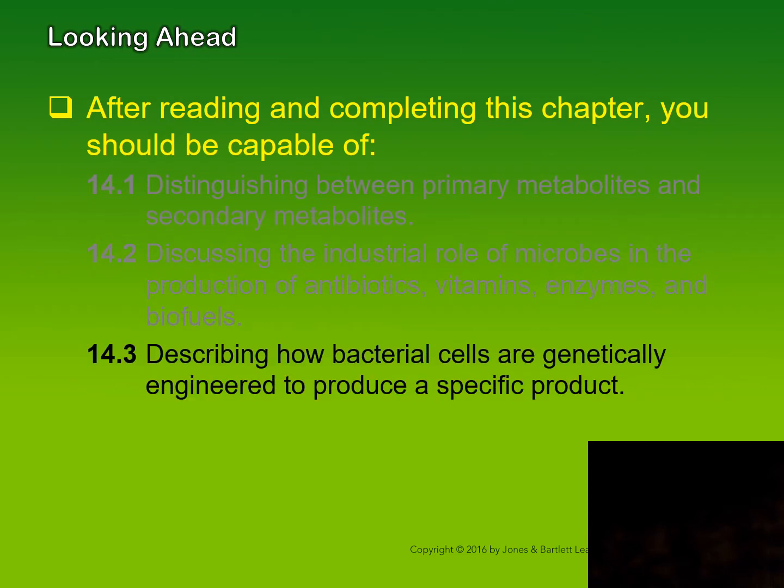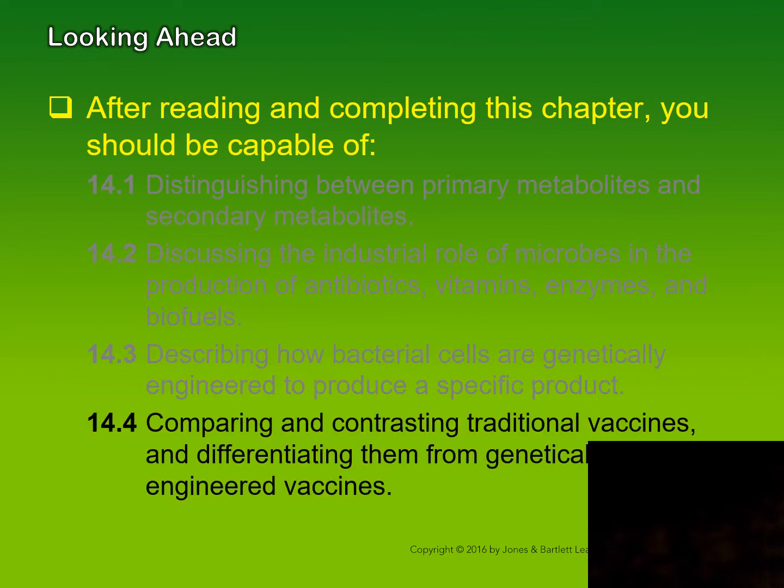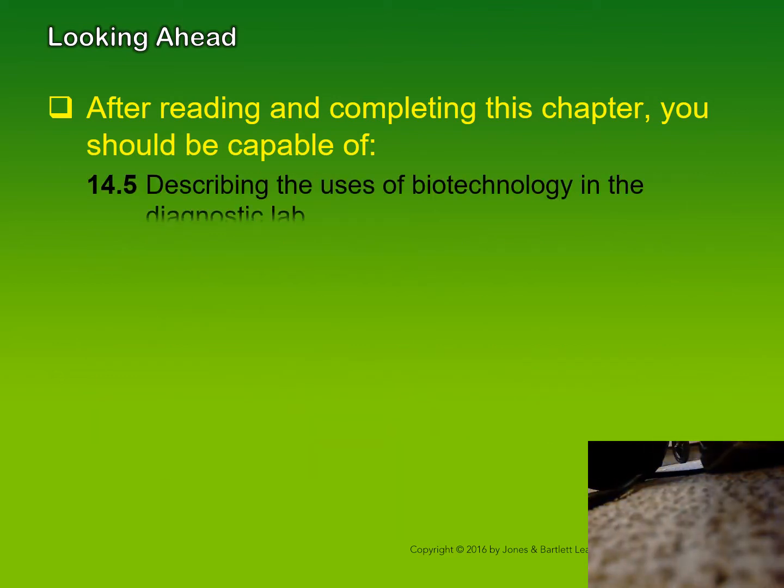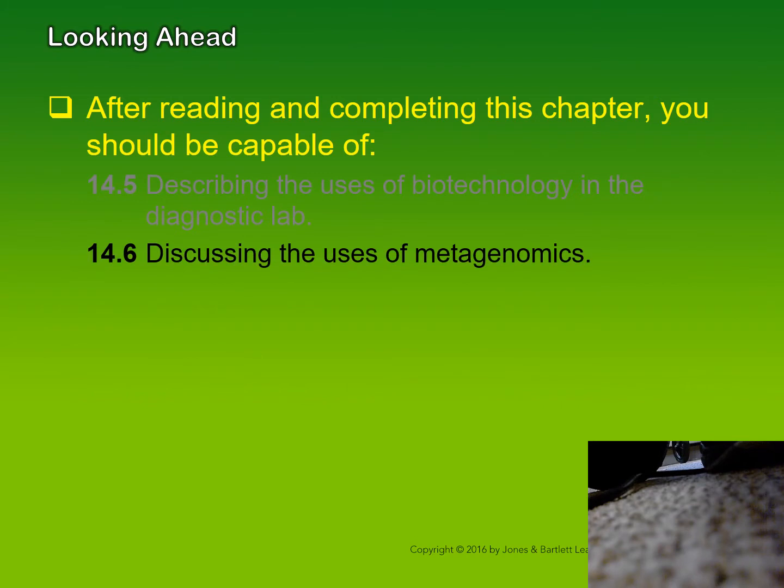Describe how bacterial cells are genetically engineered to produce a specific product. Compare and contrast traditional vaccines and differentiating them from genetically engineered vaccines. Describe the use of biotechnology in the diagnostic lab. Discuss the use of metagenomics.